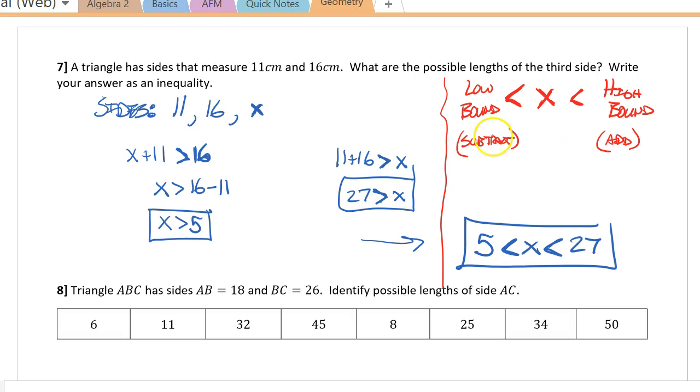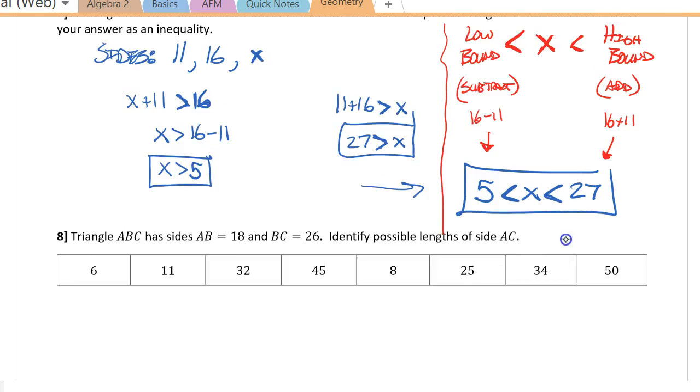You can see that we did that. We subtracted our two values, imagining that x is one of the smaller sides, and we added the values when we thought about x as being the biggest side in our triangle. So once again, we subtracted 16 minus 11, which gave us 5. And here, if I added them together, that would give me 27.